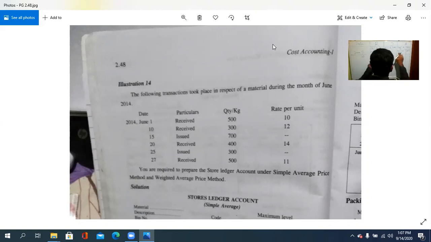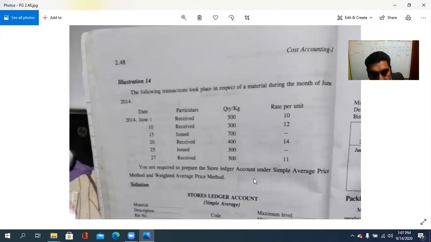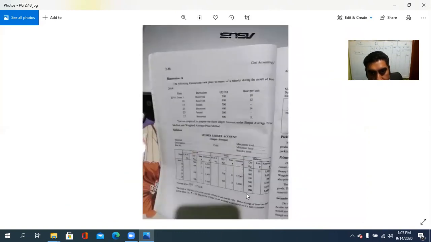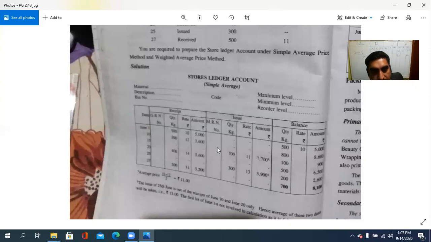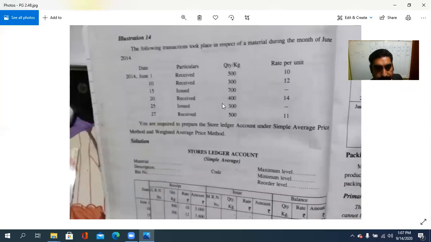So 500 plus 300 is 800 units. Then 3,600 plus 5,000, that is 8,600.